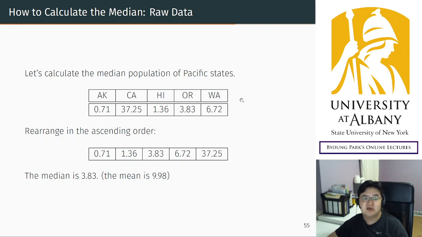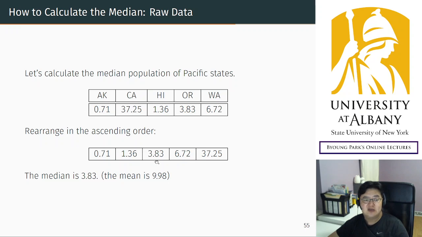What we do here is rearrange the data in ascending or descending order. It doesn't matter. The point is we would like to find the third one, because that's the middle one. There are 5 observations, so the median is automatically the third largest, third smallest outcome. That is 3.83 in this example.